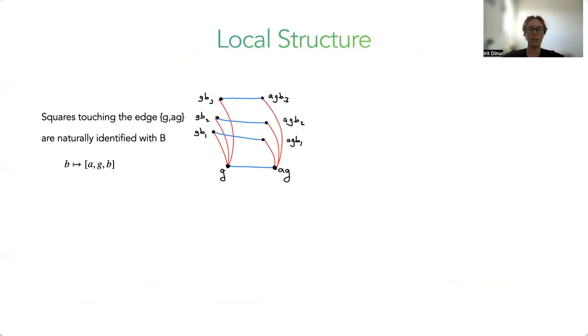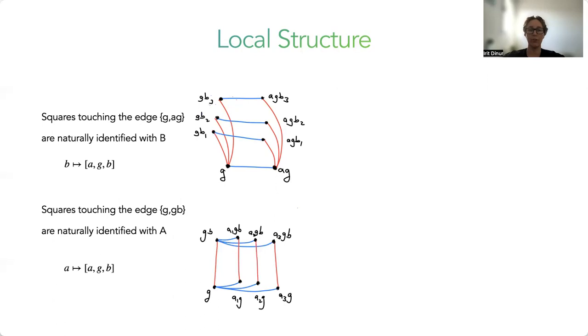They're naturally identified with elements of B. As you can see, for every element B1, I can move from G to GB1, and also from AG to AGB1. But then GB1 and AGB1 will also have an edge between them. This edge is parallel to the edge we started with, and it's an A edge. Okay, so for every element of B, I have a square. And really what I have here is a book whose spine is this edge from G to AG.